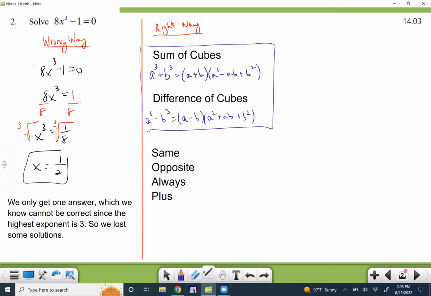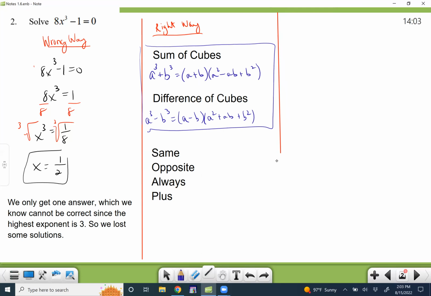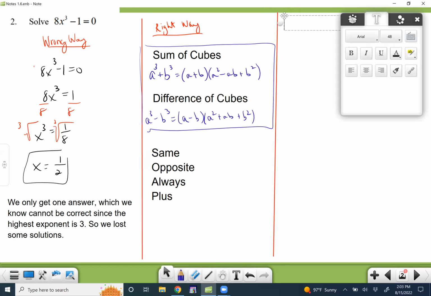All right, so knowing that, let's go in here and let's go ahead and solve by using a difference of cubes formula, okay? So we are going to use the difference of cubes because we have subtraction.